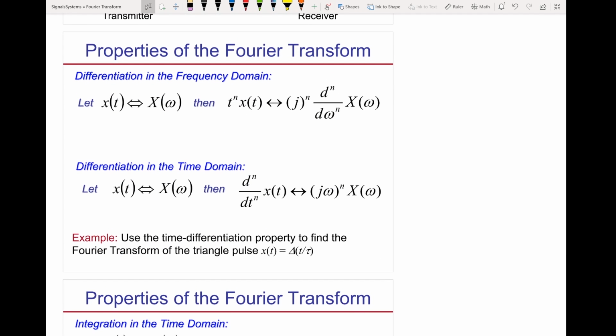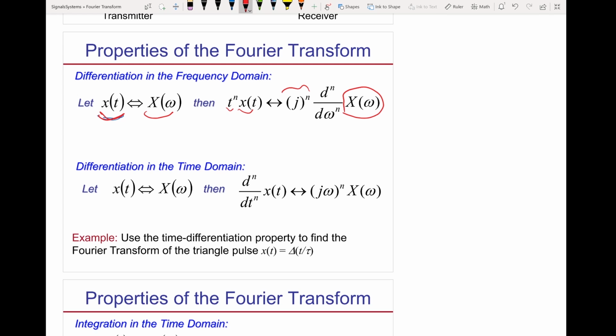The next one is differentiation in the frequency domain. If I have a signal x of t and the Fourier transform X of omega, and you multiply the signal by t to the power of n in the time domain, in the frequency domain it will be the n-th derivative of X of omega, times j to the power of n.